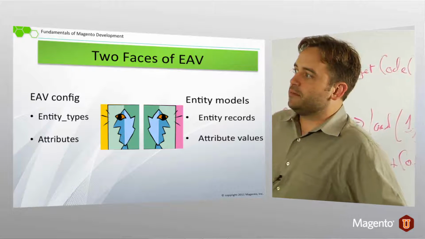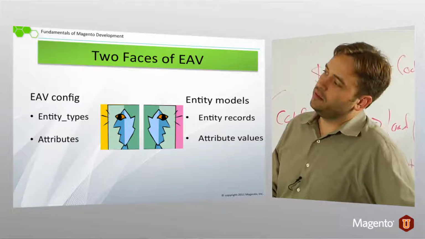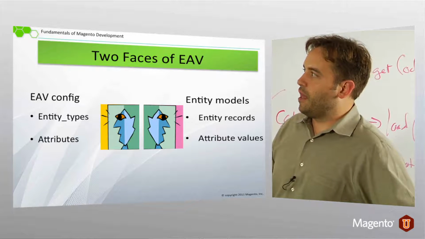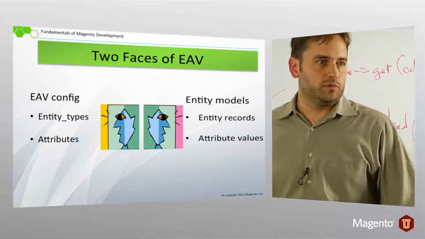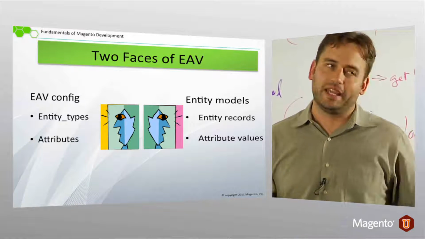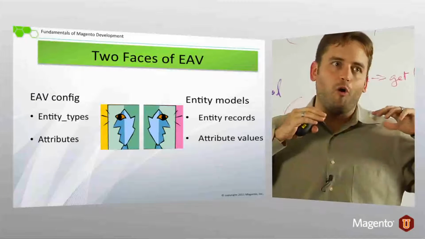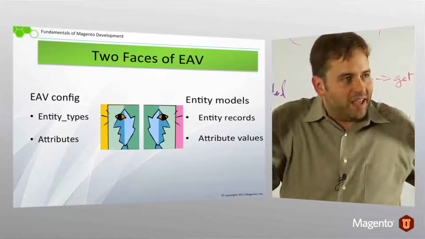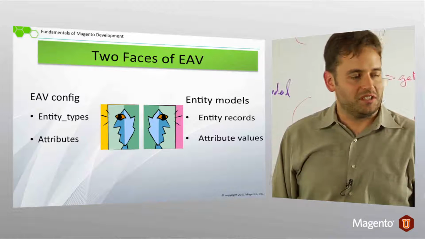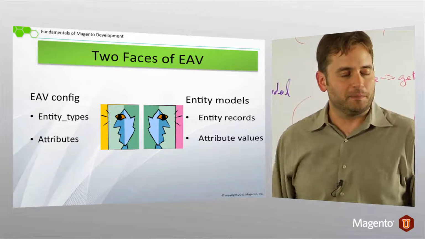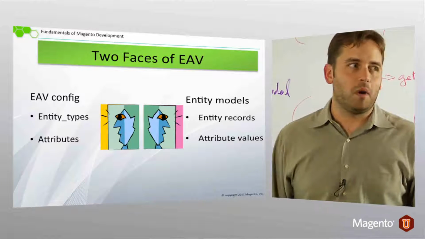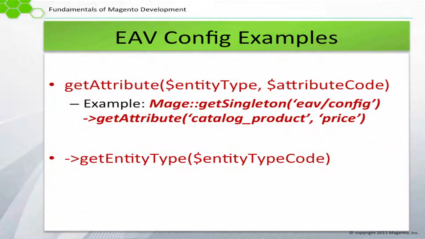So EAV config is the meta environment, and from that, we actually also have the descriptions and the information about each of the attributes themselves. So again, attributes are their whole individual kind of entity, and they have their whole community inside of Magento. But that ends the modeling complexity of Magento.